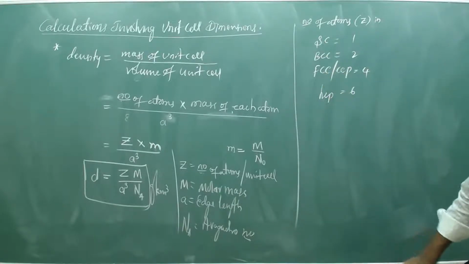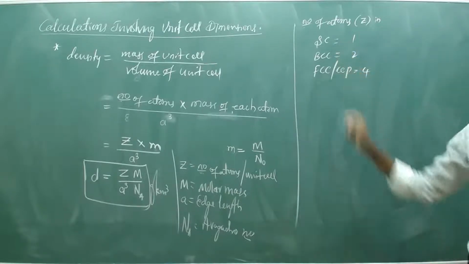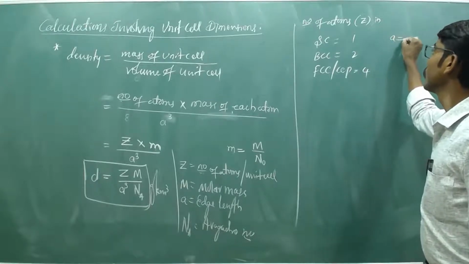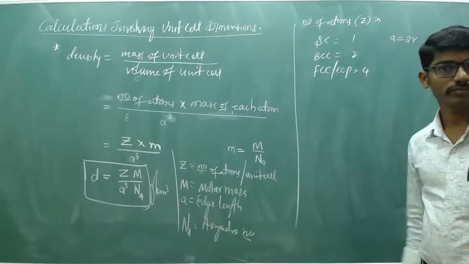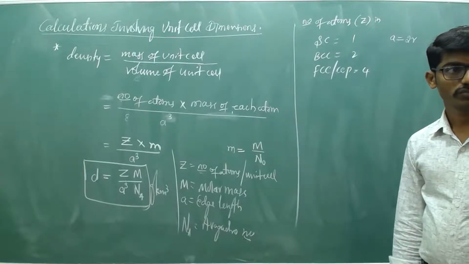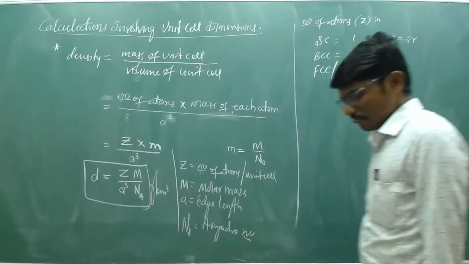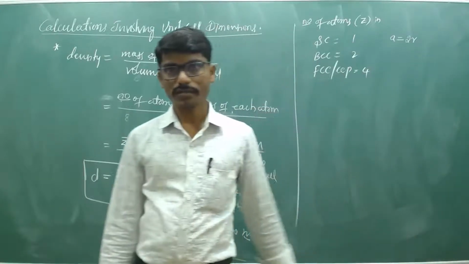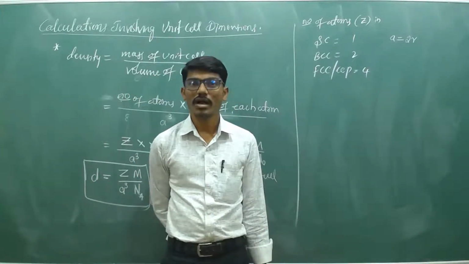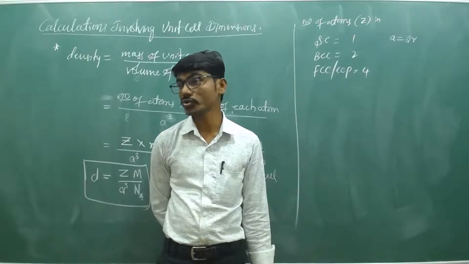So what is the relation between edge length and radius? In simple cube, edge length a is equal to 2R. In FCC, face centered cube, right? 4R is equal to root 2 a.